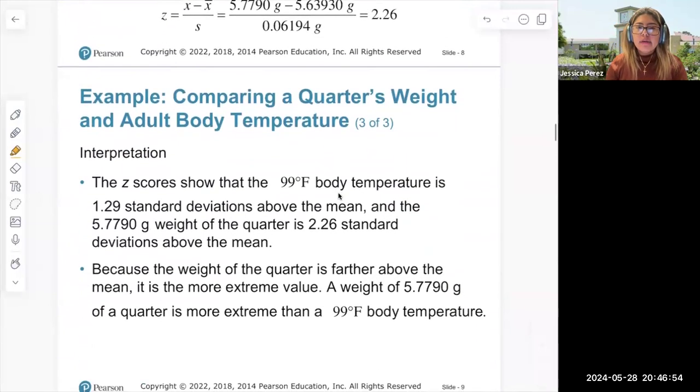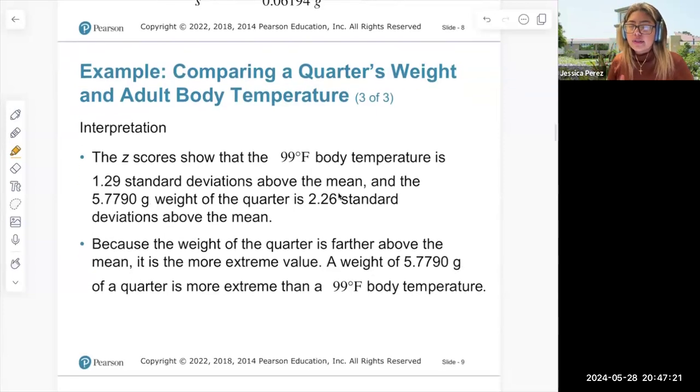The z-score of 99 is 1.29 standard deviations above the mean. And the weight of a quarter is 2.26 standard deviations. So the weight is more extreme than the body temperature, significantly higher because it's greater than 2.